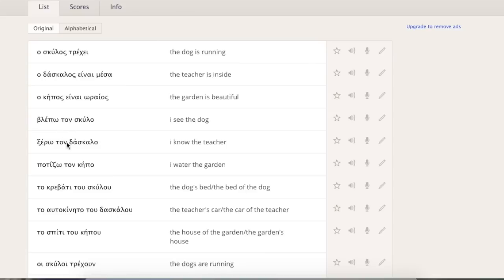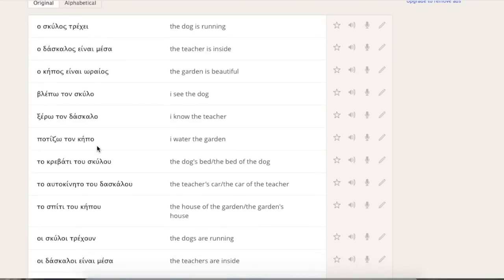So τον is the article that we need, and δάσκαλο doesn't have an s anymore at the end. So another example with the word garden. I water the garden. Ποτίζω, I water, τον κήπο, garden. Okay? Same rules apply. Ton is our article, and κήπο, garden, doesn't have s anymore.